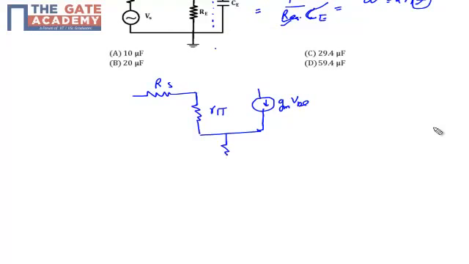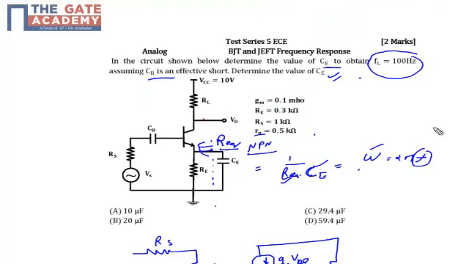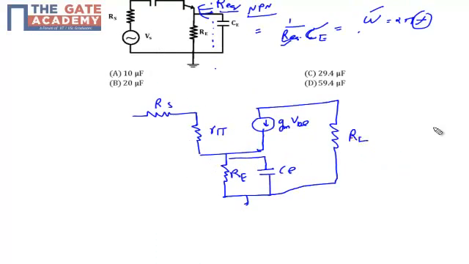Now we have RE, which is in parallel with capacitor CE, right? And across gm VB, in the collector terminal we have another resistor, RL. From base to emitter we have the voltage drop VBE. So this is my base terminal, this is the collector terminal, and this is my emitter terminal.